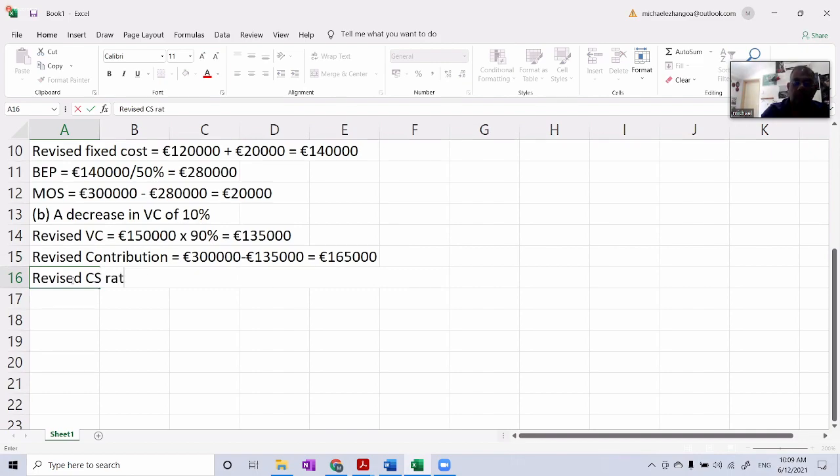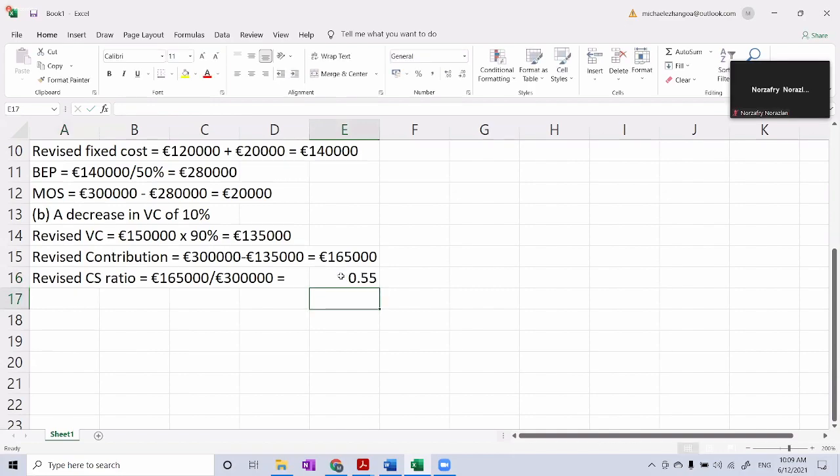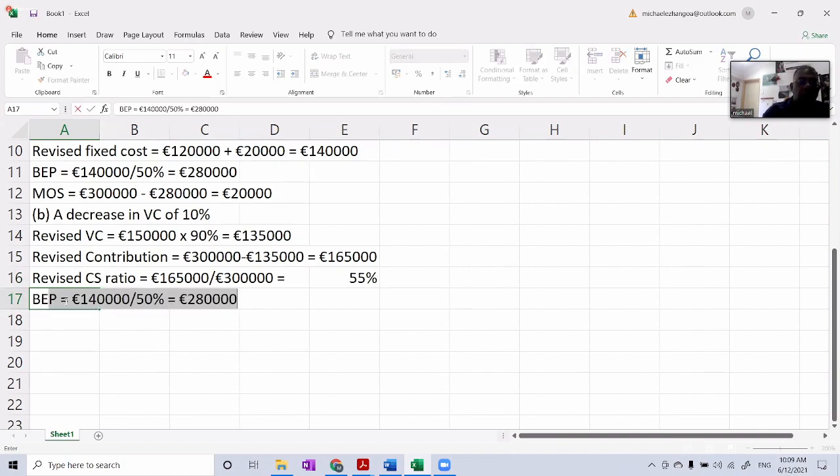So revised CS ratio is now 165,000 divided by 300,000. So that must be 165 over 300, 55%. Okay, so break-even point is now fixed cost, the original figure 120,000, divided by 55%.